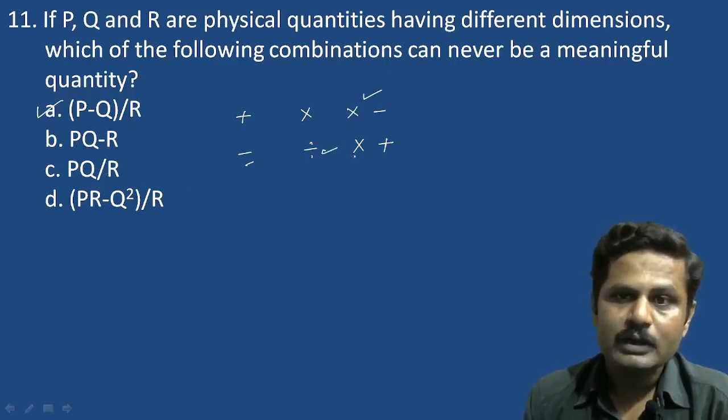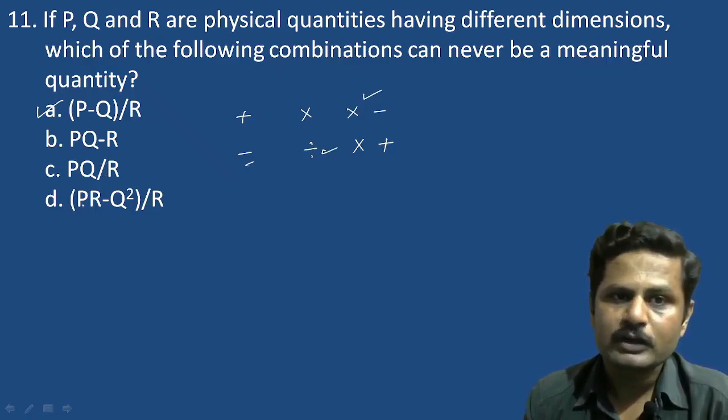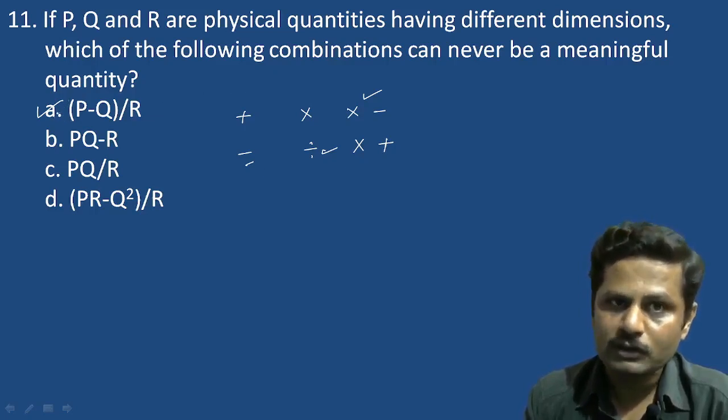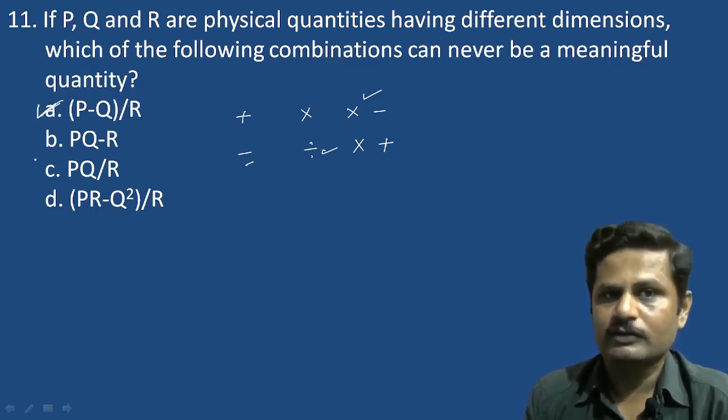Multiplication with division, addition or subtraction is allowed by the principle of homogeneity. Not only that, PR minus Q square divided by R is also allowed according to the principle of homogeneity of dimensions. So therefore option A can never be a meaningful quantity from the principle of homogeneity of dimensions. Okay, so therefore option A is the right answer for this question.